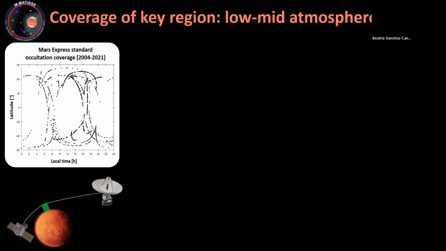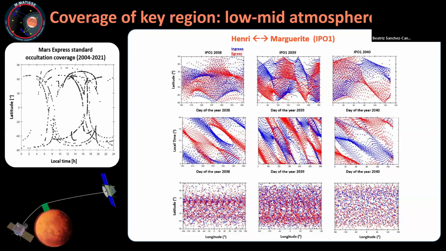You can see 20 years of data, and I will show you what this will do. So this is the first year, the second year, the third year of the nominal mission: latitude with day of the year, local time with day of the year, and latitude with longitude. You can see the full coverage of the planet. So we can get almost a 3D view of the ionosphere if you compare to what we have at the moment. It's really a massive improvement of capabilities.